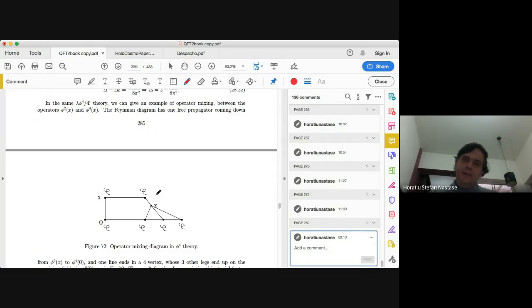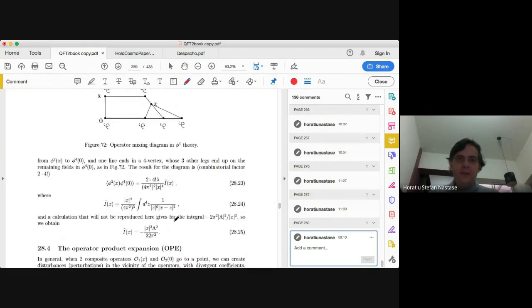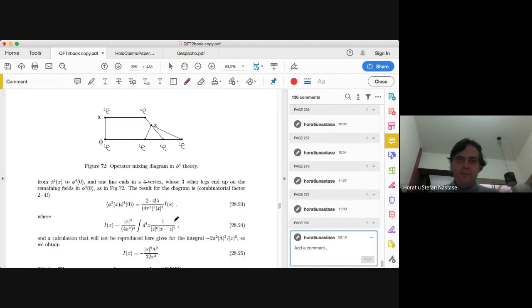And then the remaining 3 lines on the vertex are connected with the remaining 3 phi's. There's a combinatorial factor in here of 2 to the 2 times 4 to the 4 factorial.